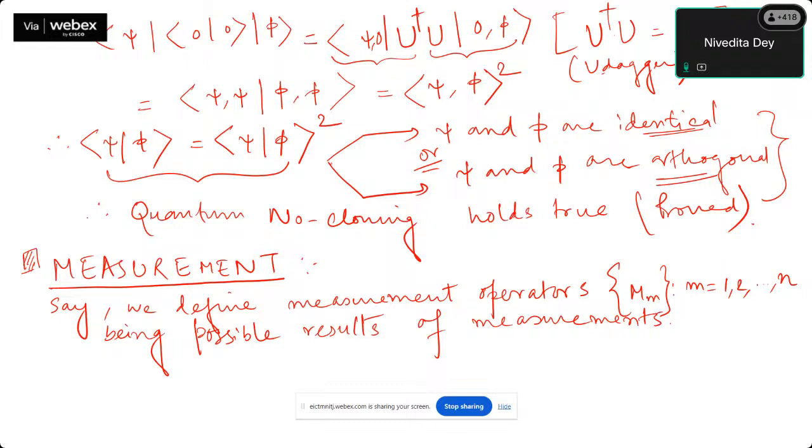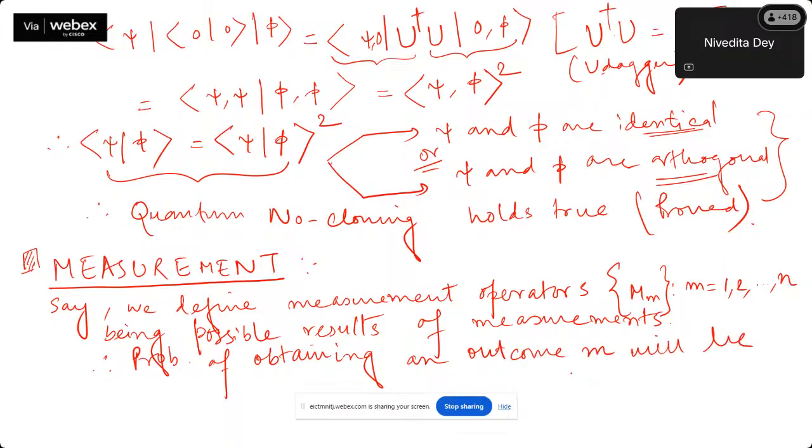Okay. So out of all the 8, say, the probability of obtaining a particular outcome, say m, will be this thing, M dagger, that is measurement of the state m or outcome m, and psi.